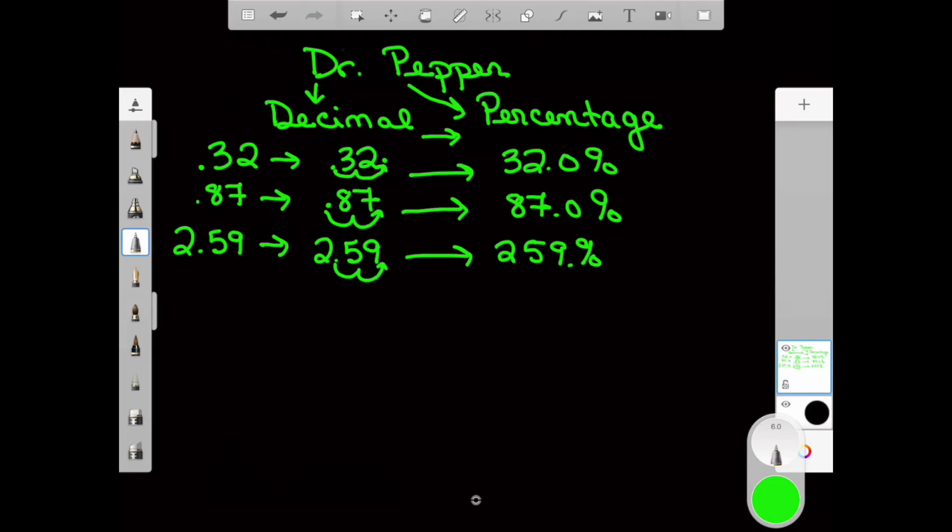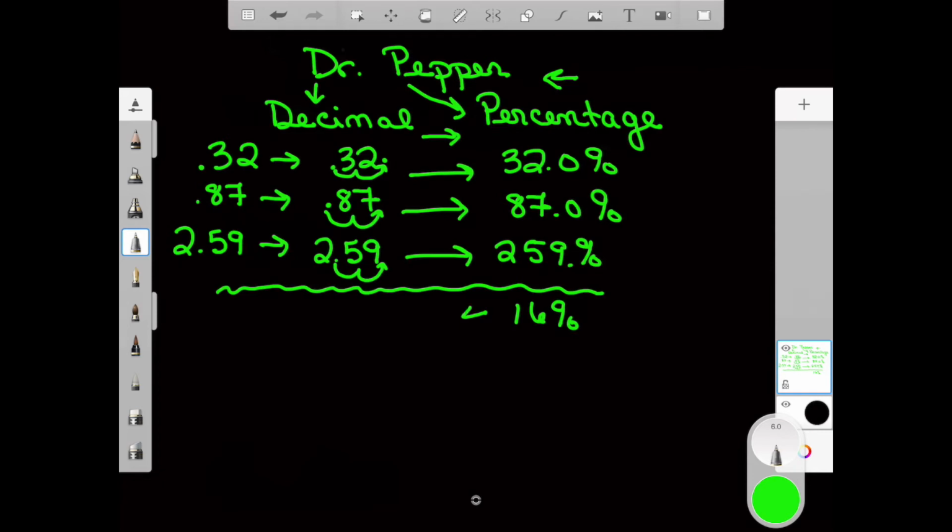What if you want to go the other way? What if you have a percentage and you want to go to a decimal? Well, that's easy enough. Let's say you have 16%. Well, before we went 2 places to the right. So if we're going from a percentage to a decimal, we're going to go to the left.